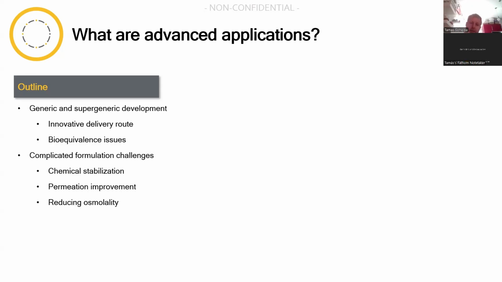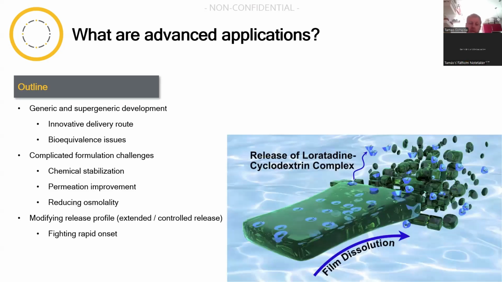Like I said, they can help in complicated formulation challenges like chemical stabilization, permeation improvement, even reducing osmolarity. I'll bring you an example of that. One particular application is fairly difficult with cyclodextrins. Inherently they have a tendency to release the active ingredient very fast.